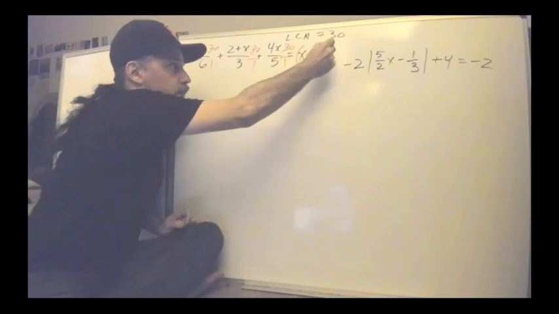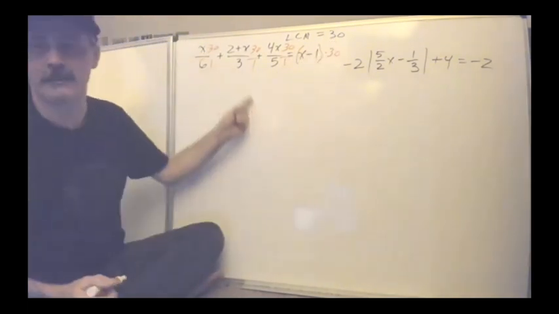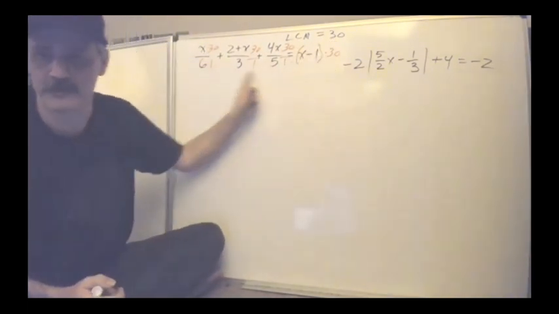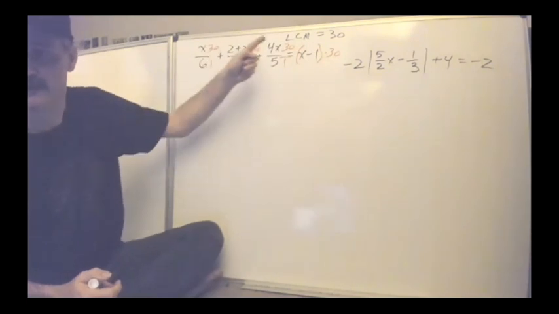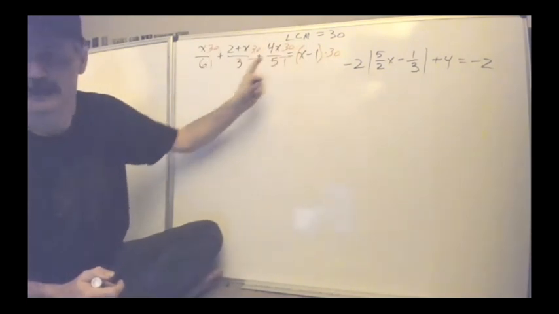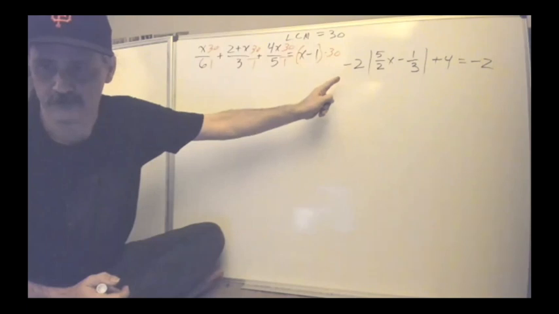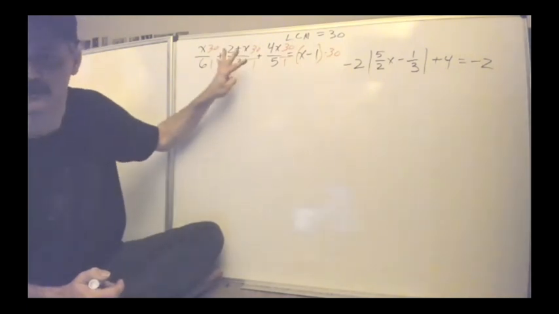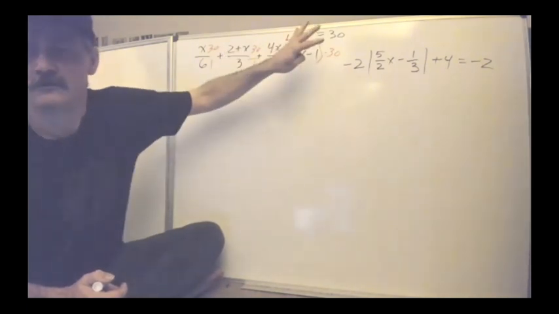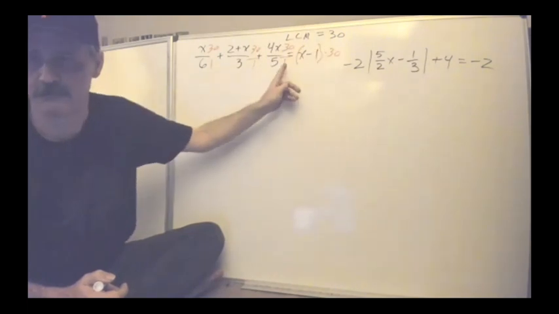We don't have to worry about that if we're getting a common denominator, but if we're multiplying everything by 30 so we can cancel the denominators, we have to multiply the right side, because if the left side is now 30 times bigger, the right side has to be 30 times bigger for them to be equal.